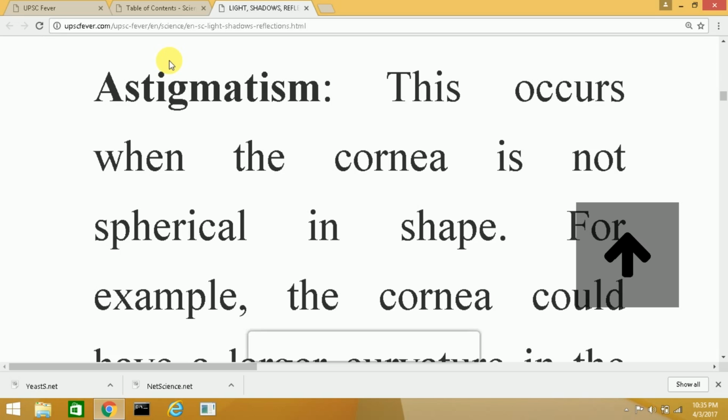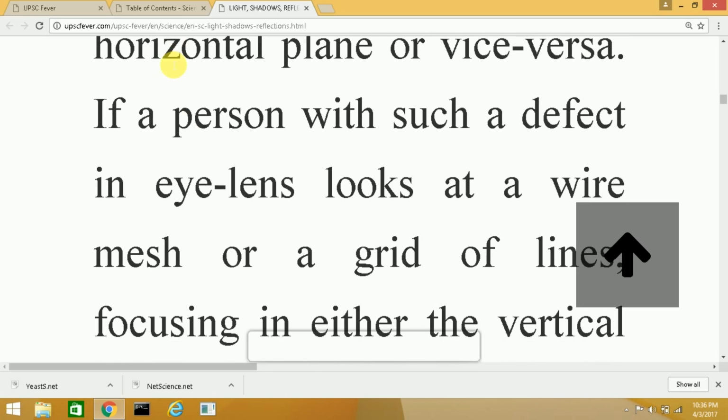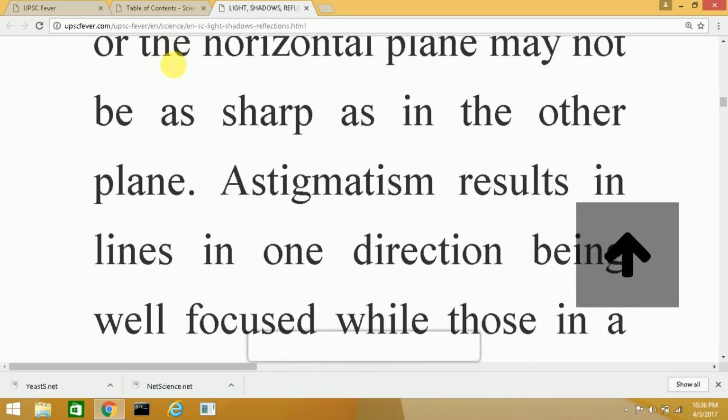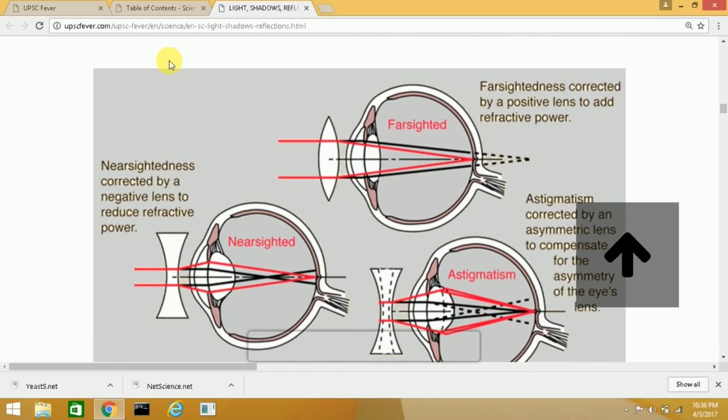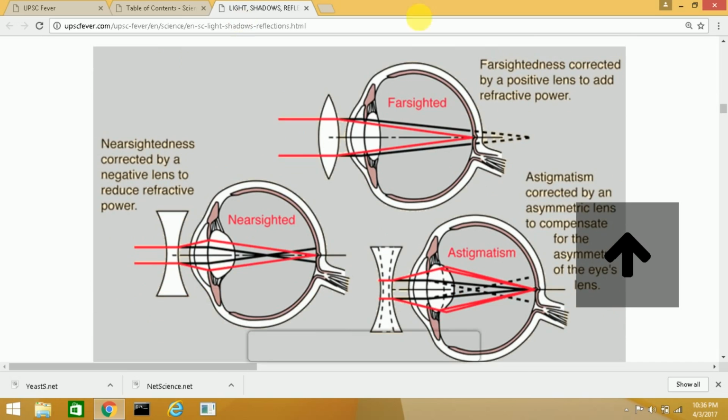However, this can be corrected by using a cylindrical lens or cylindrical spectacles of a proper radius of curvature. The defect can occur along with myopia or hypermetropia. So this is also a common disorder. You can see astigmatism. It is corrected using asymmetric lenses, whereas far-sightedness and near-sightedness are shown here.